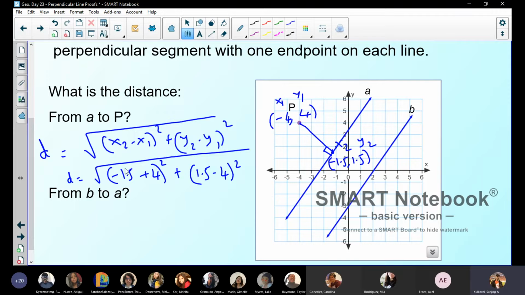So both of them will give 6.25, 6.25. So 6.25 plus 6.25 will be 12.5. So d equals square root of 12.5.